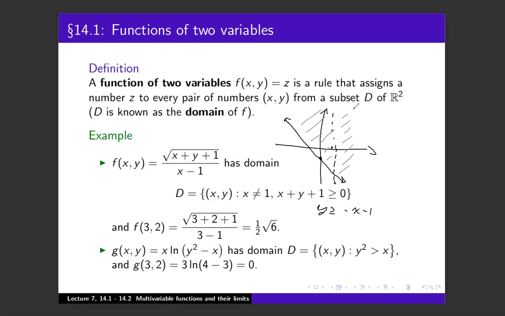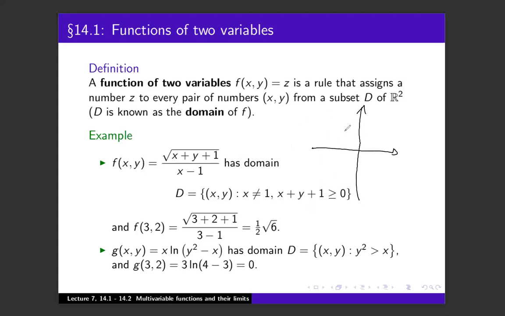We can also talk about g of x, y equals ln of y squared minus x. The argument of the log has to be positive. So what does that domain look like? That domain looks something like this. y squared is greater than x. x equals y squared is this sideways parabola.